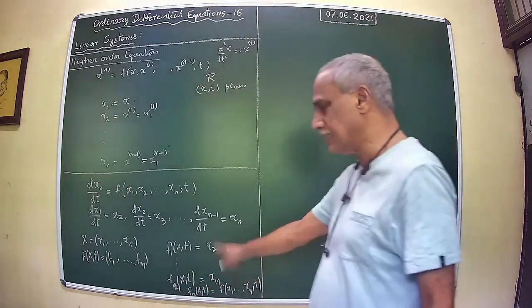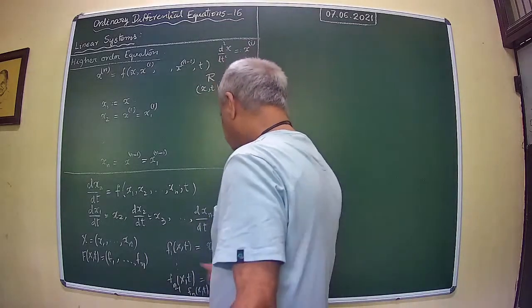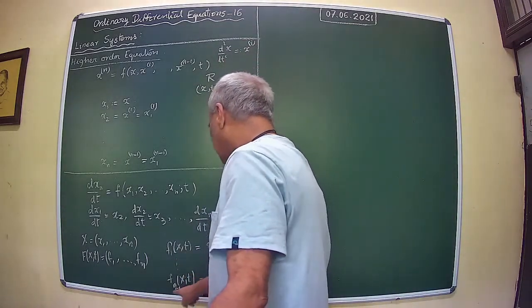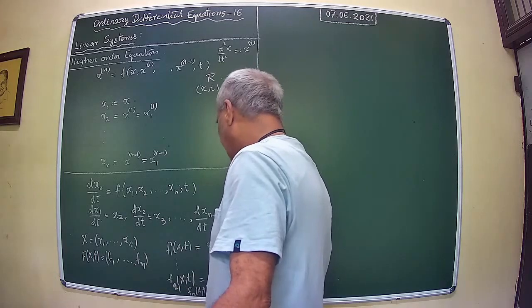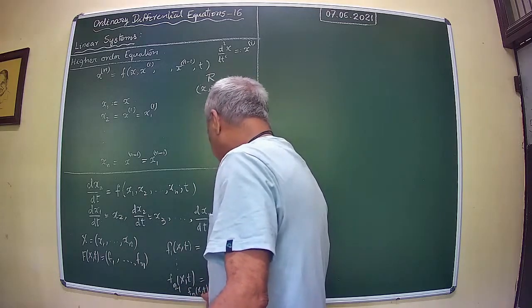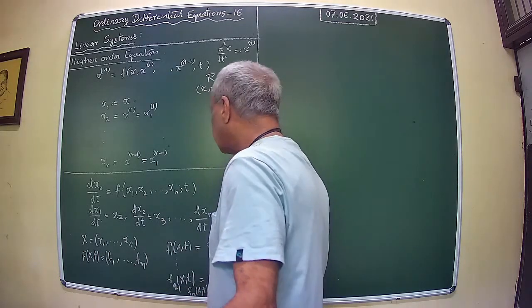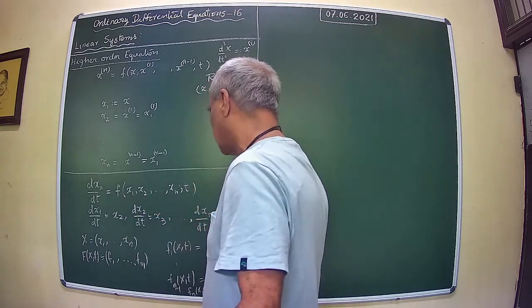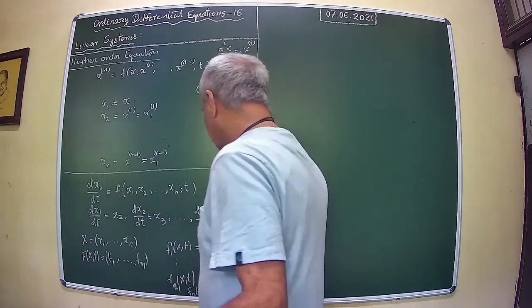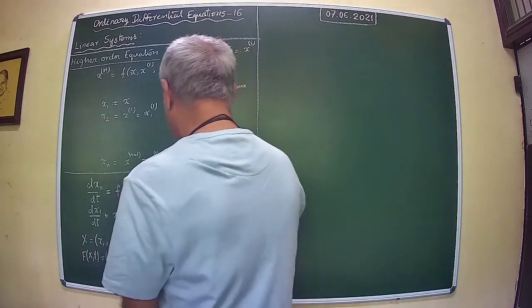So these are the functions that you have. This f1 depends only on x2, fn minus 1 depends on xn, and fn is the given f of x1, x2, etc. Now you see that you can transform the whole equation into a system.